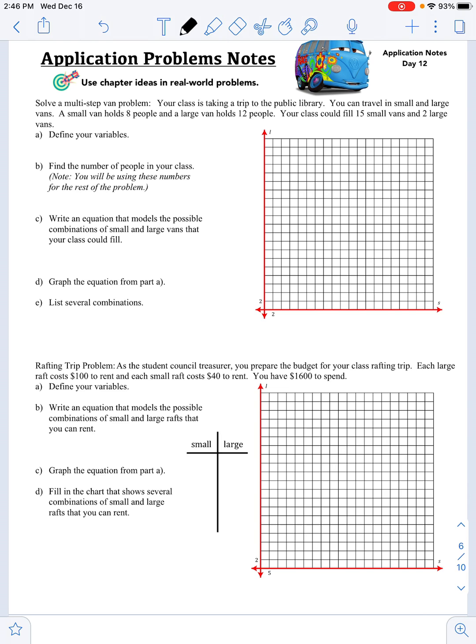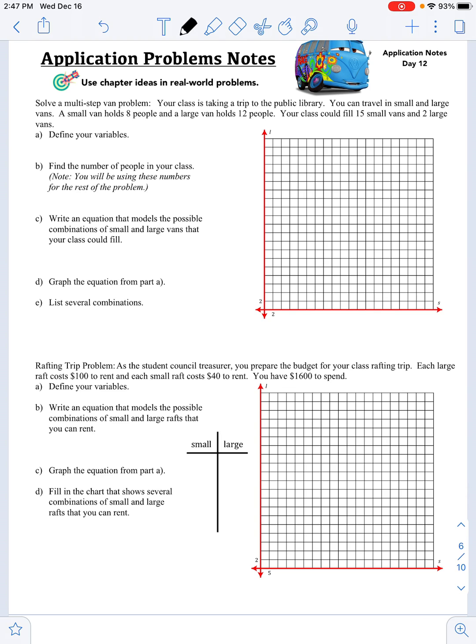Well, we would have to define our variables here first. And then that's going to help us move into setting up a scenario where we're going to problem solve here. We'd be trying to figure out by what means we would be able to get our class or our students to the library.